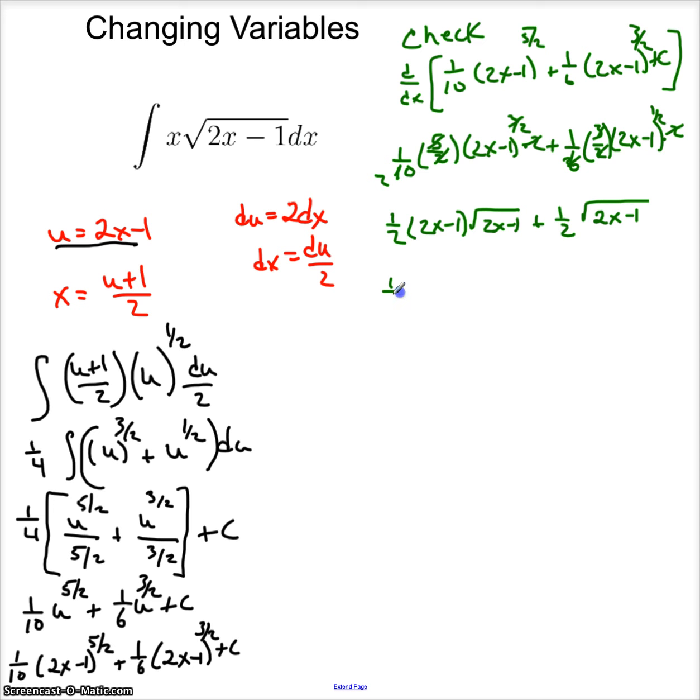So now I'm going to factor out 1/2 square root of 2x minus 1, and that's 2x minus 1 plus 1. The 2 goes away, and I'm left with x square root of 2x minus 1. Reality is sometimes the algebra to get you back after changing variables can be worse than doing the integration.